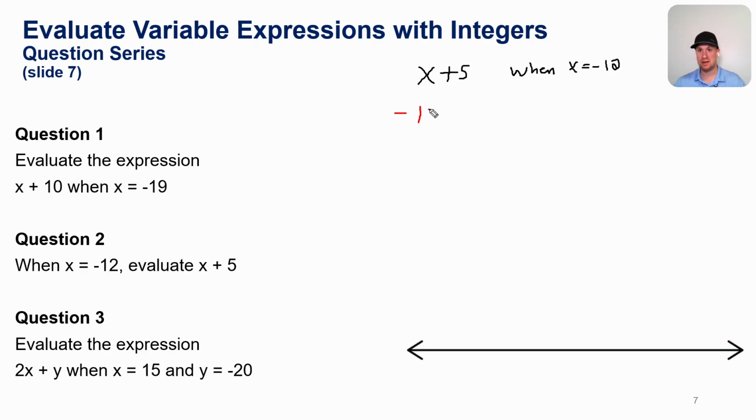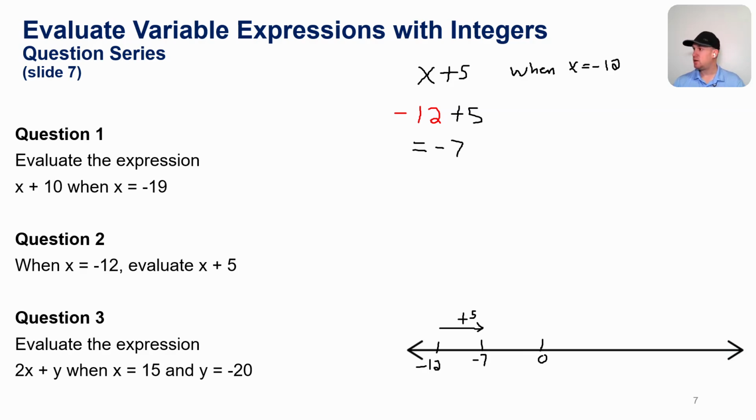So this becomes -12 plus 5. And then from here, we're going to simplify this expression. So we're at -12. We're then adding 5 units. And I end up at -7 here. Okay, so -7 is my result for question number 2.